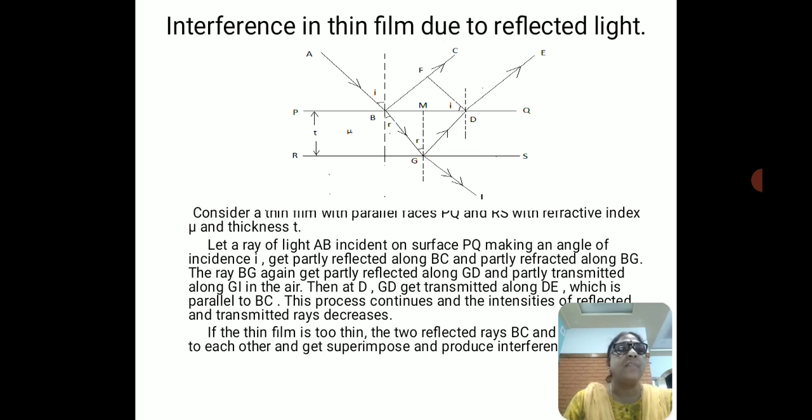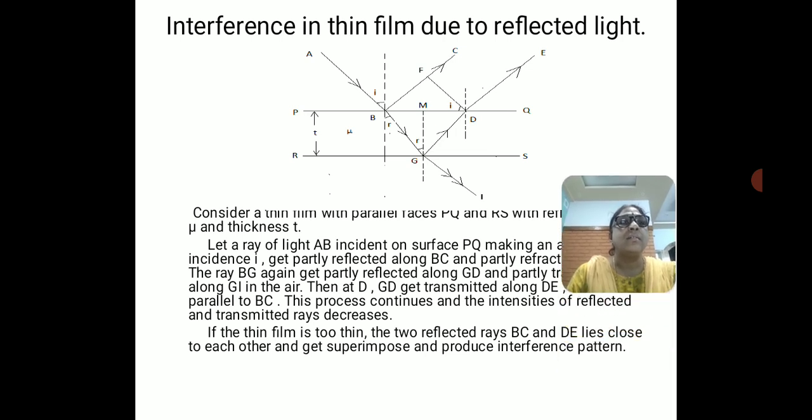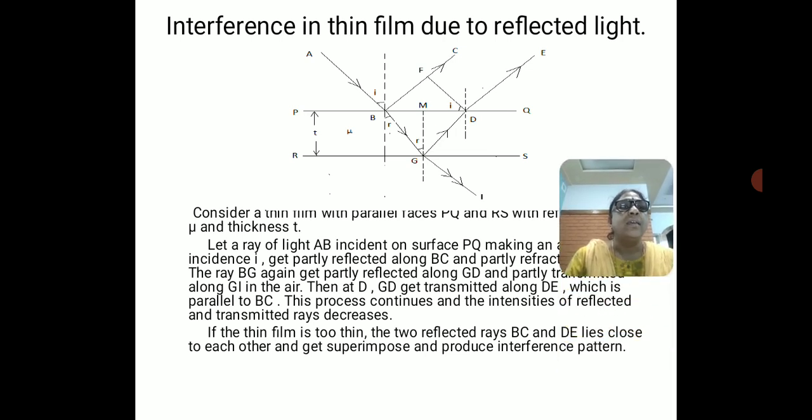If the thin film is very thin, then the two reflected rays BC and DE lie close to each other and get superimposed, and they produce an interference pattern.